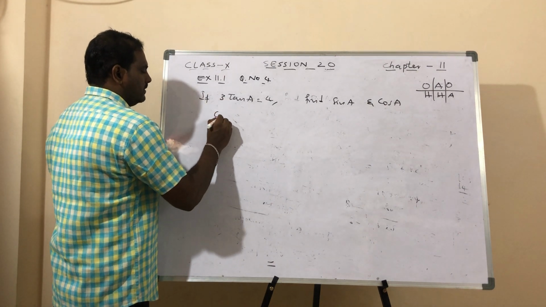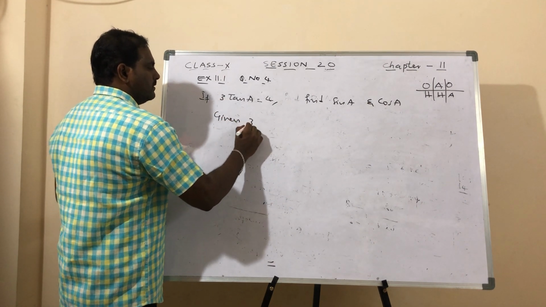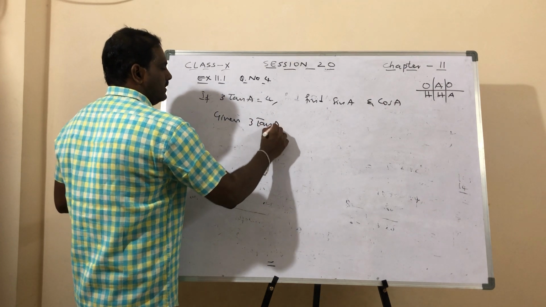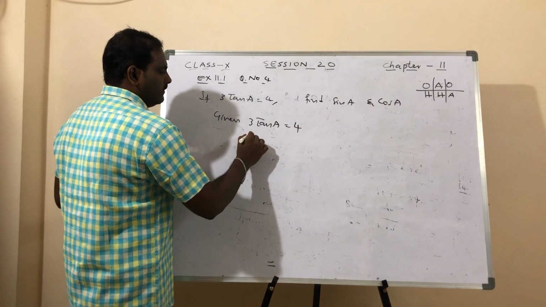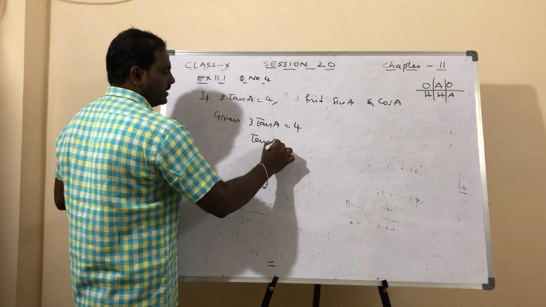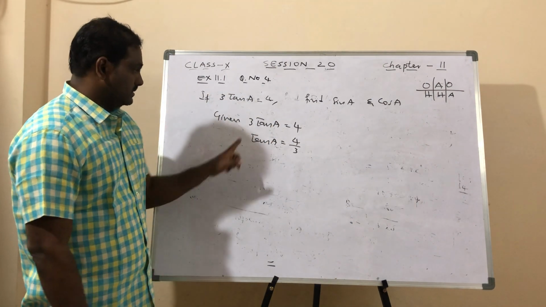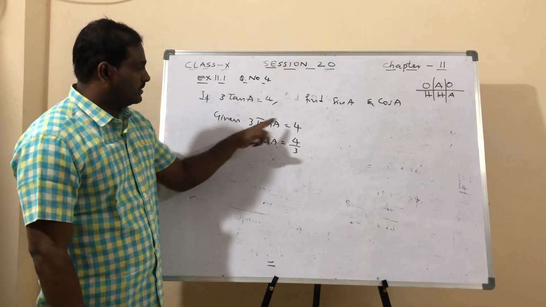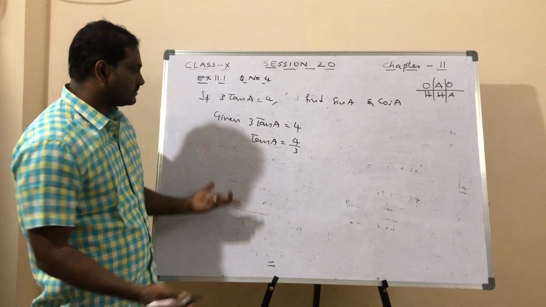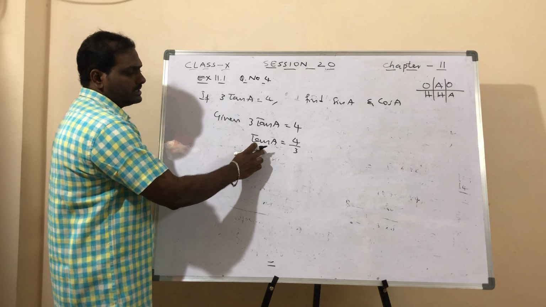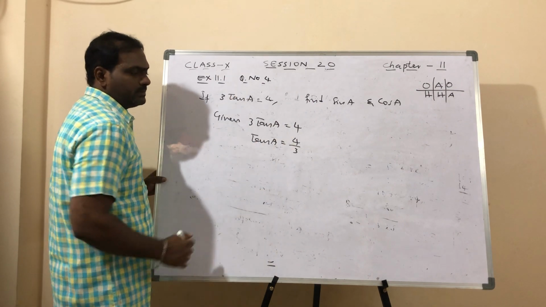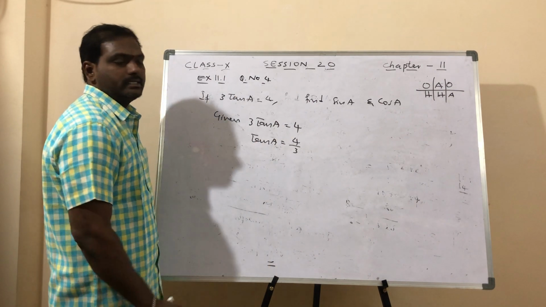Given: 3 tan A is equals to 4. From this, tan A is equals to 4 by 3. 3 is multiplying this side. If it goes that side, it will become division. That's all. What is tan A? Opposite by adjacent side.